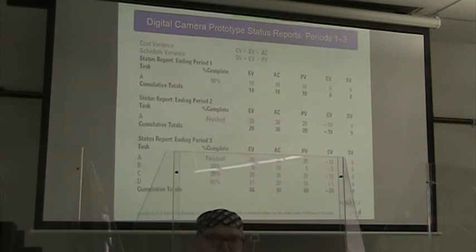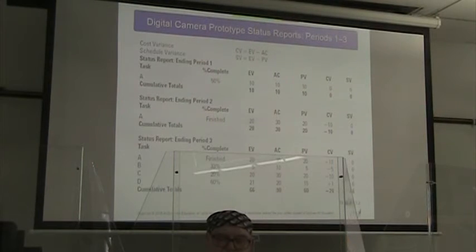So our status report at the ending of period 1, our earned value is 10, our actual cost is 10, our planned value was 10, so there's no cost variance and no schedule variance.